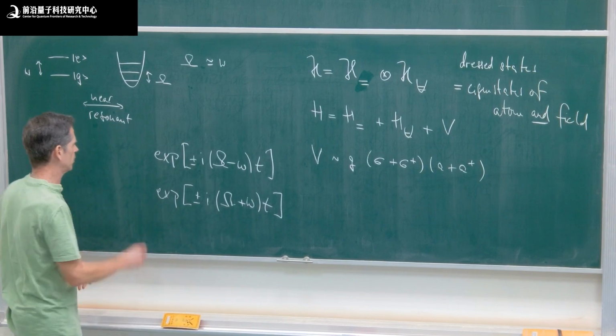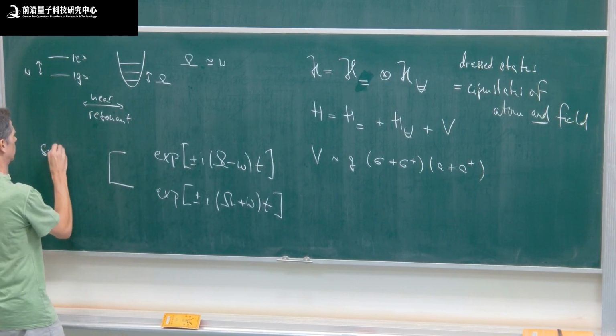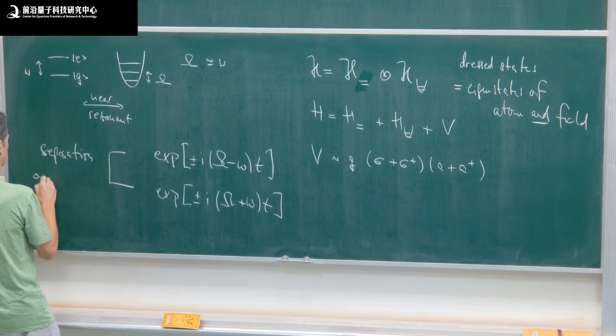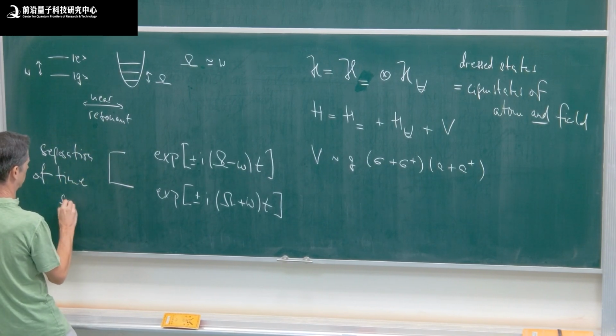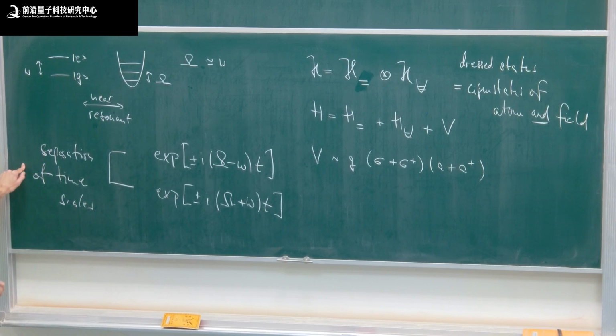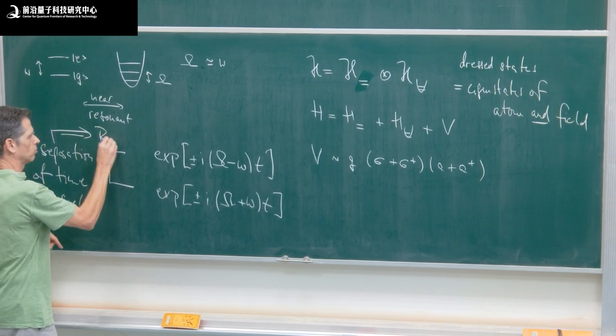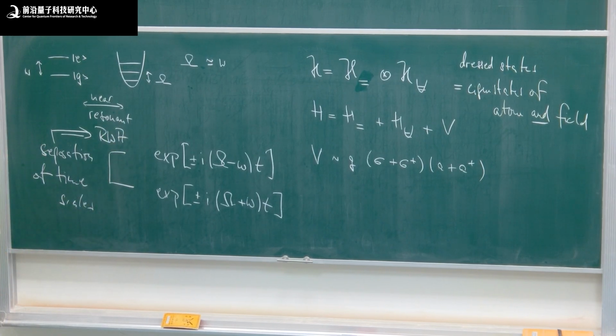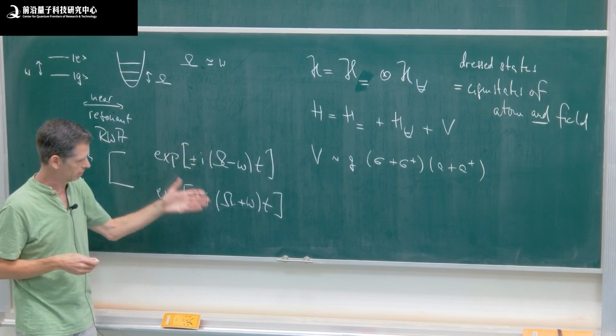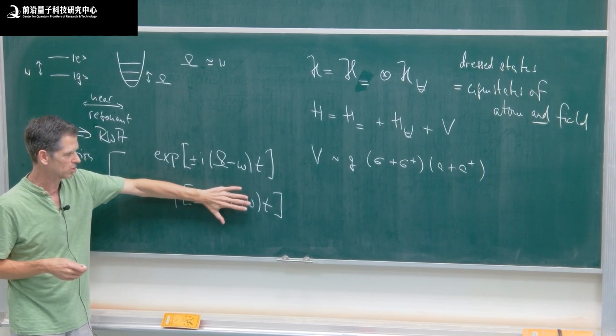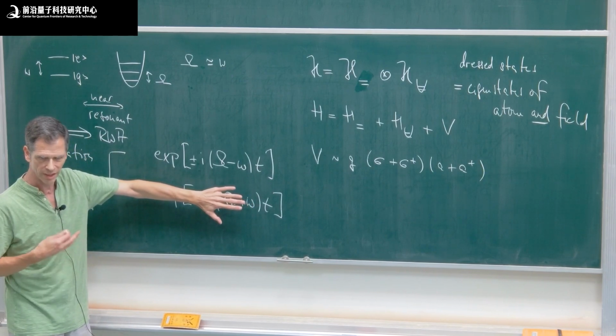And so there's the separation of time scales, which then allows us to do the rotating wave approximation. So the important step is the near resonance condition, separation of timescales, also known as secular approximation, which gives rise to the rotating wave approximation. And so this tells you these are much slower than those ones, and so you suppress this one because these on average will have a negligible effect, right?